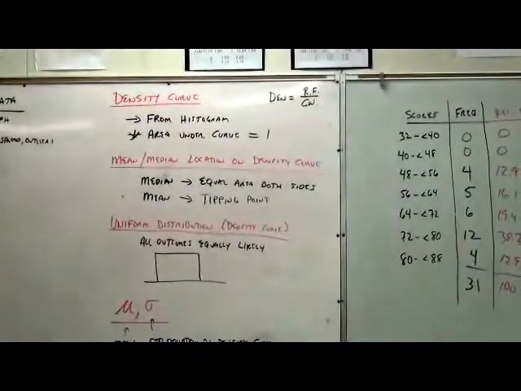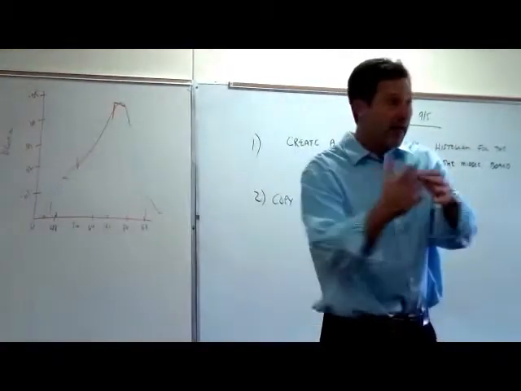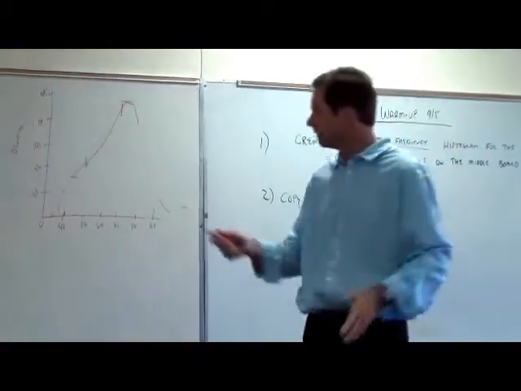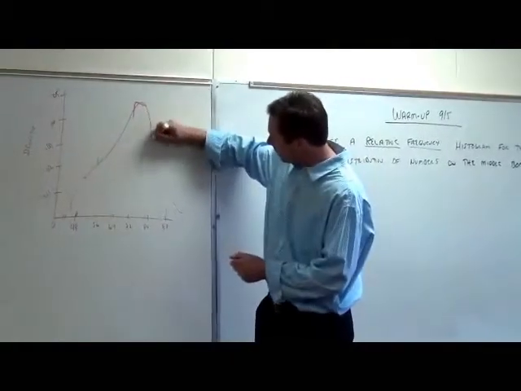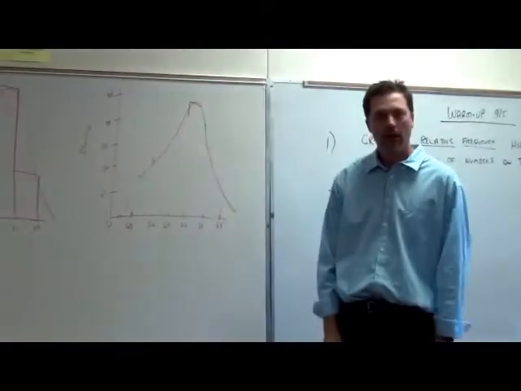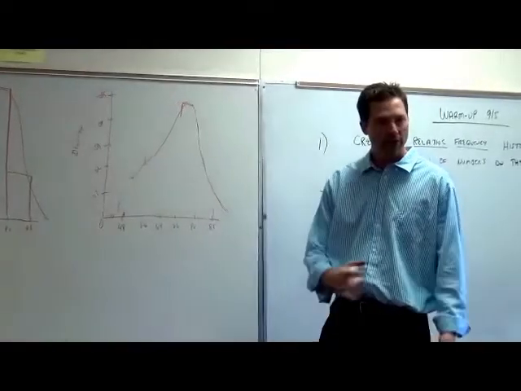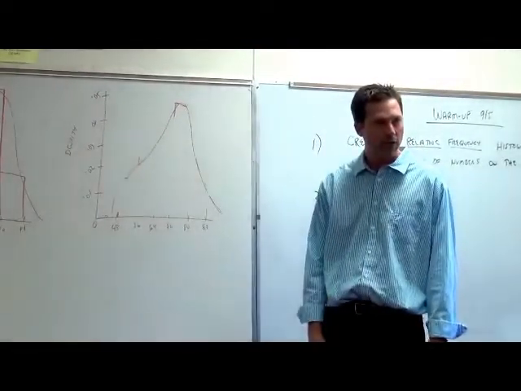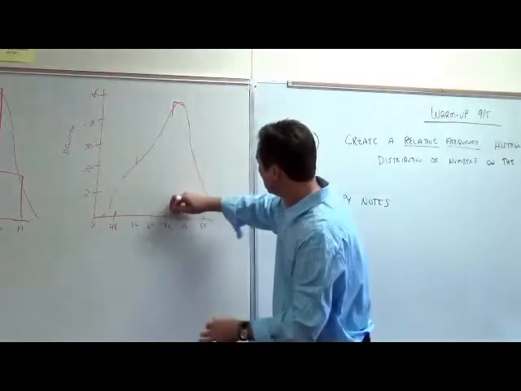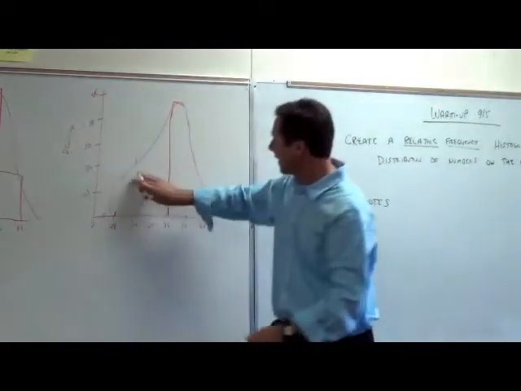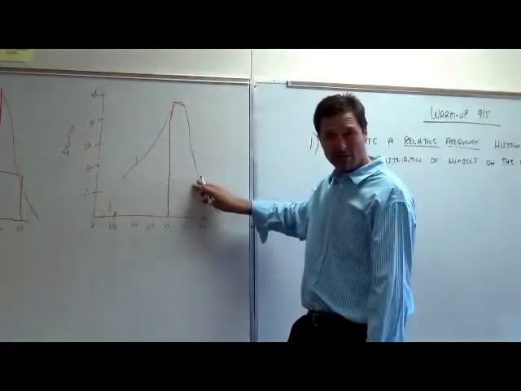Let's first talk about the median. Now, we know that the median is the 50th percentile. Half the data is above it, half the data is below it. You know that this now represents 100%, or 1, so I want to get 50% on one side, 50% on the other. So you want to find the place where about half the area is here and half the area is here.